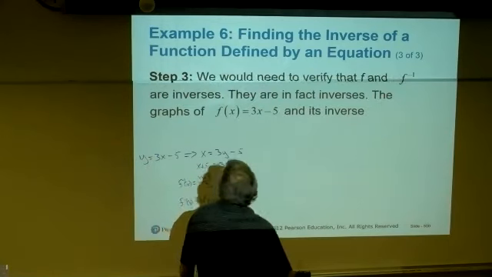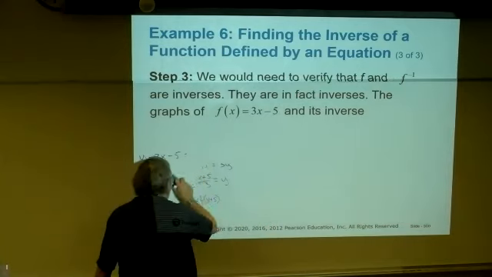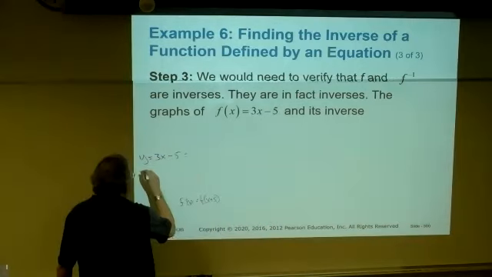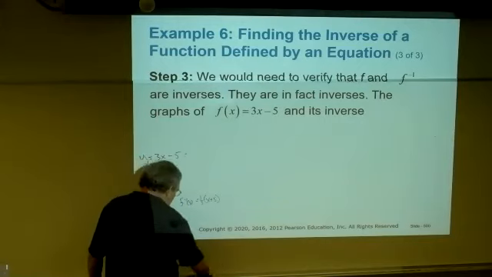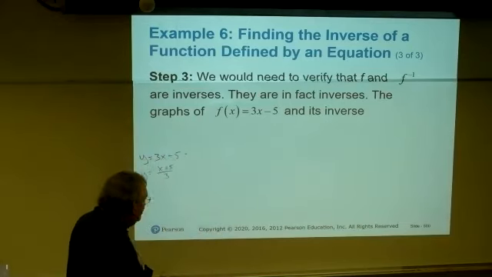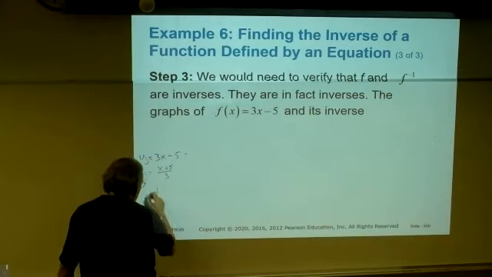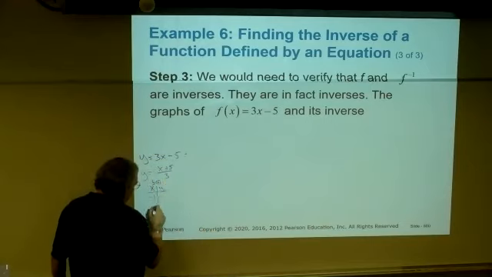Okay, so graphing the two functions, I like to choose 3 or 4 numbers. And so this will be for f of x. So I'm going to do -1, 0, 1, and 2.